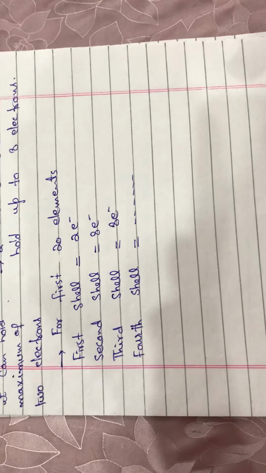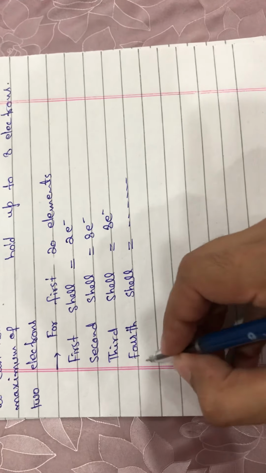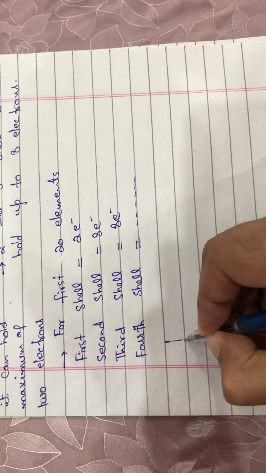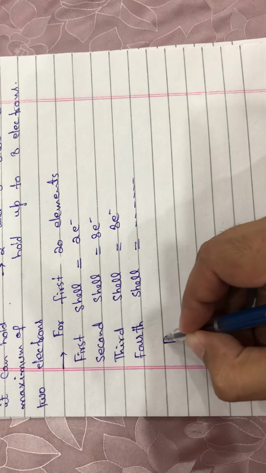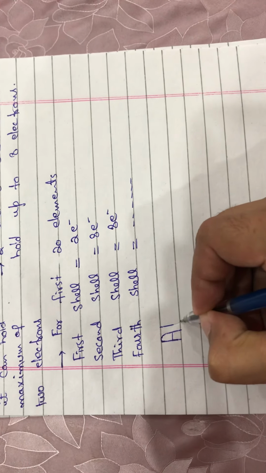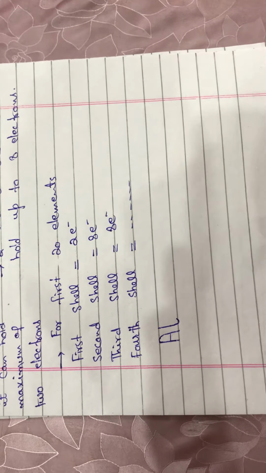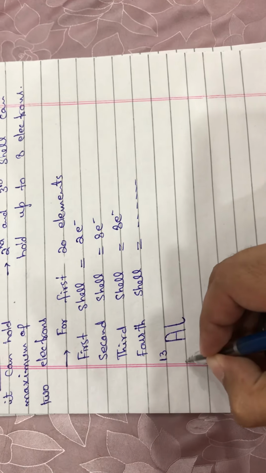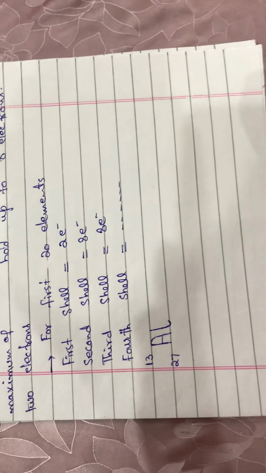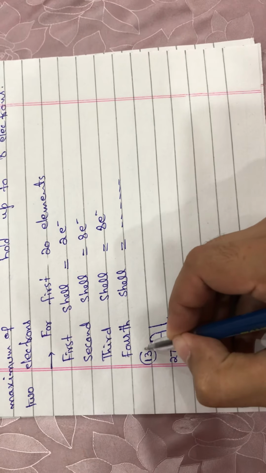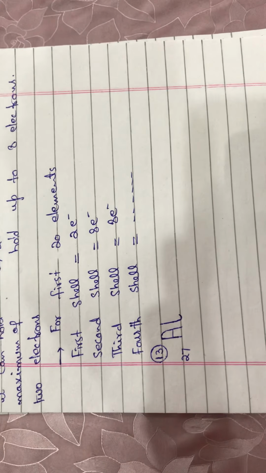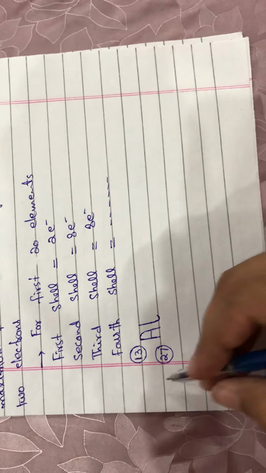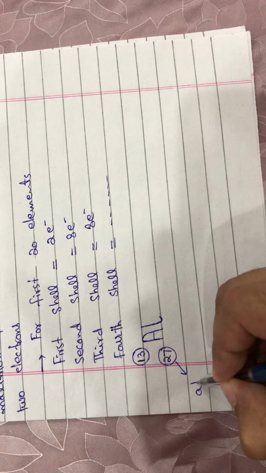For example, we are taking here the example of aluminium. Aluminium is 13, 27. So 13 is its atomic number, meaning the number of protons and number of electrons, and 27 is its mass number, atomic mass, or nucleon number.